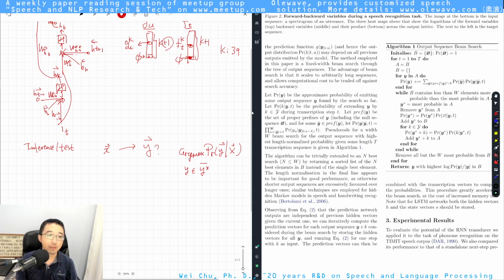And to do this, because he's not getting the output sequence in one shot like people do in non-autoregressive models nowadays, he's doing it in an autoregressive style. What does that mean?